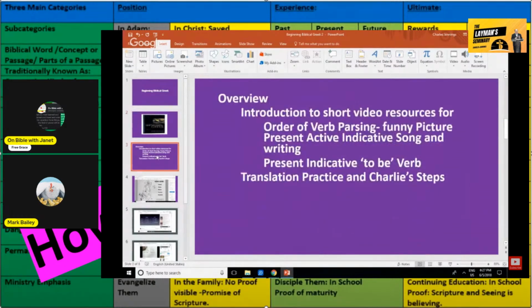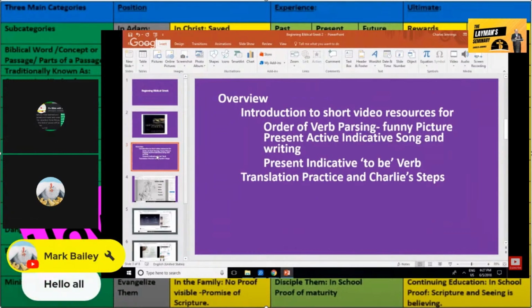So with that said, I'm going to give an overview of what we're going to talk about in this video. Just like in the other video, we're going to introduce you to more short video resources that can help you learn these steps. One of them is a funny picture to help you remember the order by which to parse a verb.